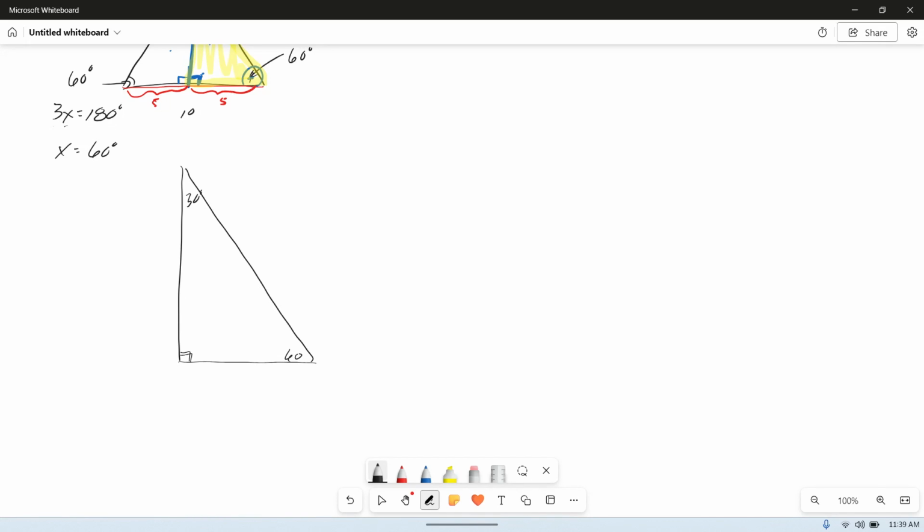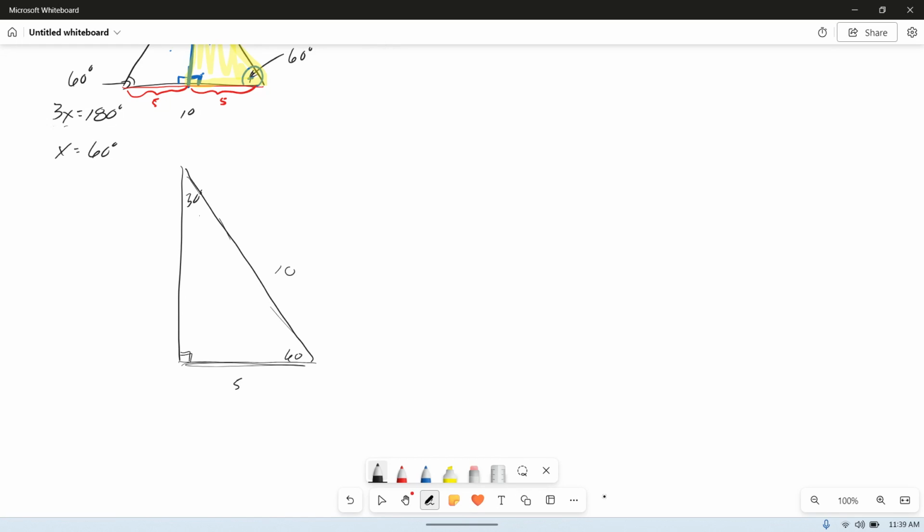In the triangle above, I said suppose the hypotenuse is 10, therefore the short leg is 5 because that's half of it. That's true in every single 30, 60, 90 degree right triangle. The short leg, which is the side opposite the smaller angle, is half the length of the hypotenuse.